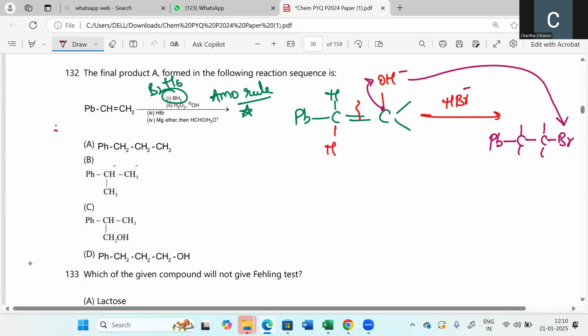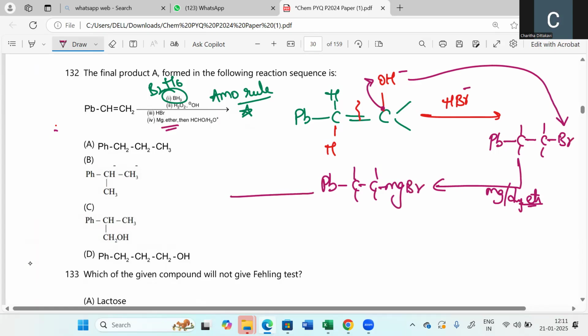And then again after HBr, magnesium and dry ether, Mg and dry ether. You go with Grignard reagent there. PB CH2 MgBr forms. Now from MgBr, you would go with CHO, meaning HCH double bond O. In HCH double bond O, O is minus and carbon is plus.